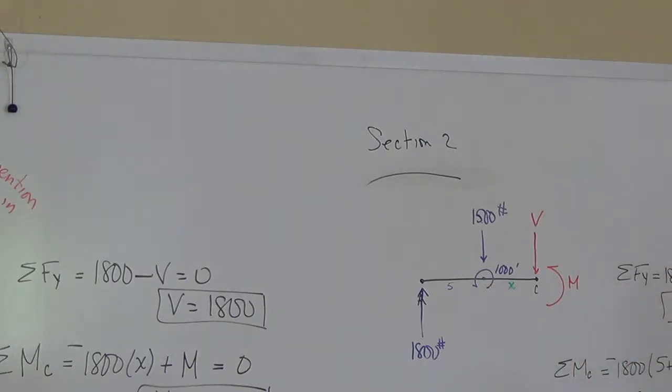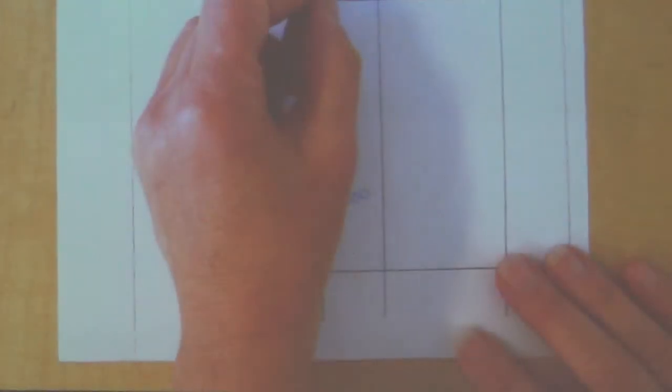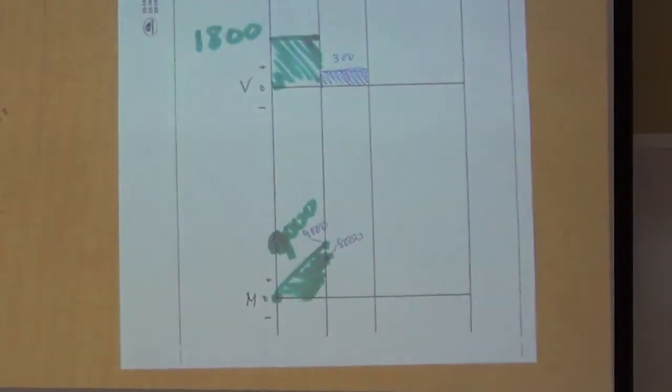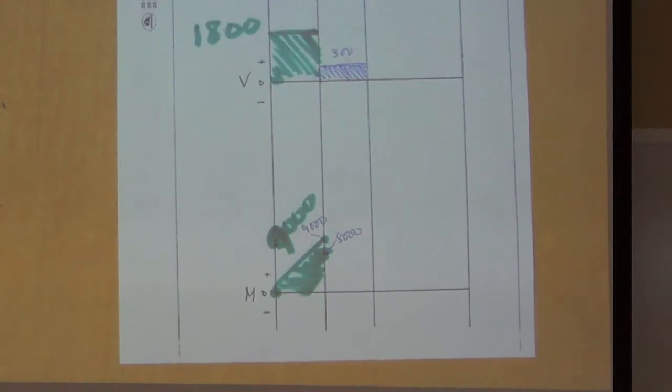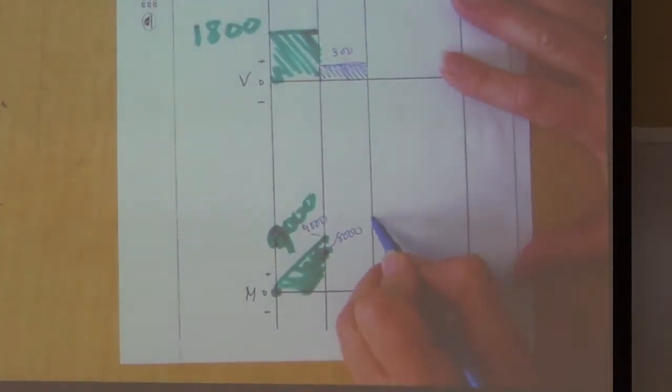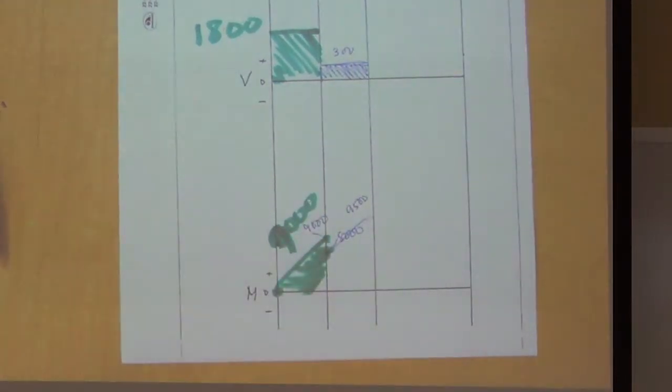So when x is 0, it's at 8,000. Then, when I'm at the full distance, x is 5. And when I put 5 in here, it's 1,500 plus 8,000, so it goes up to 9,500. And you got that by plugging in 10?